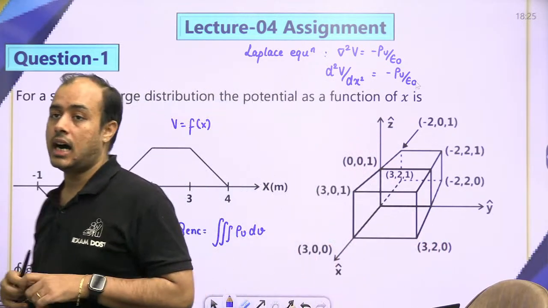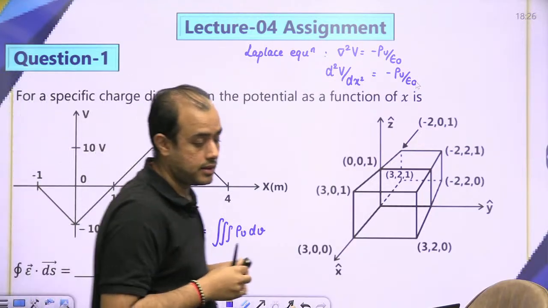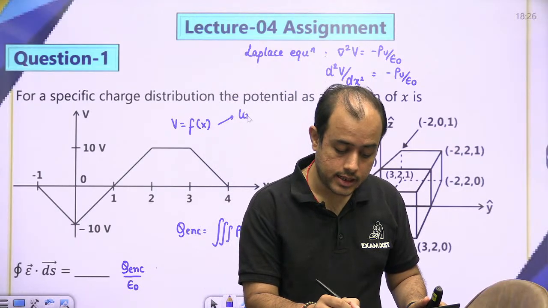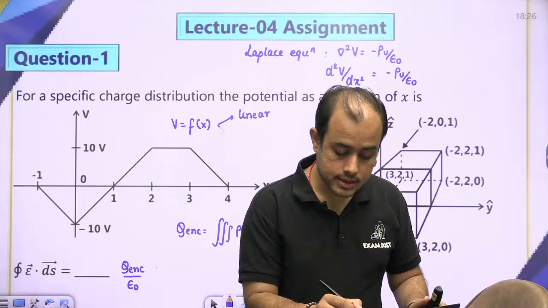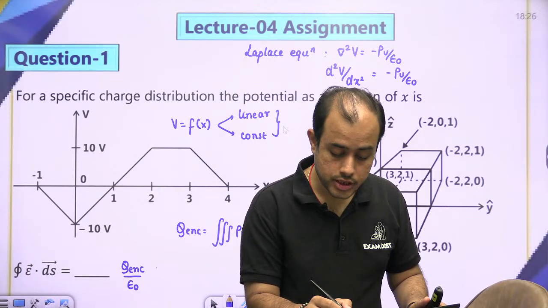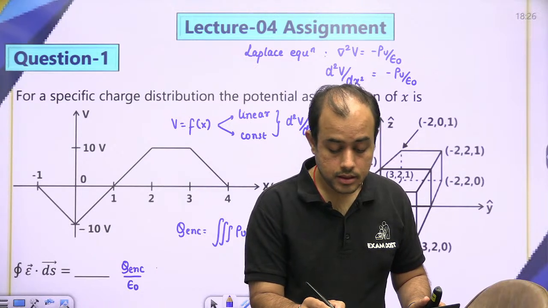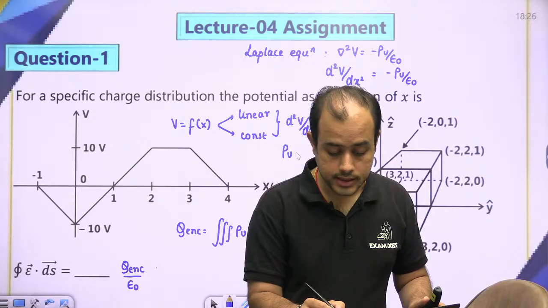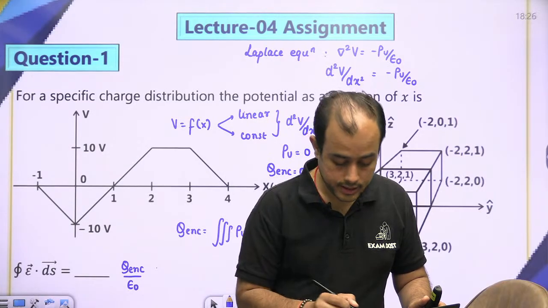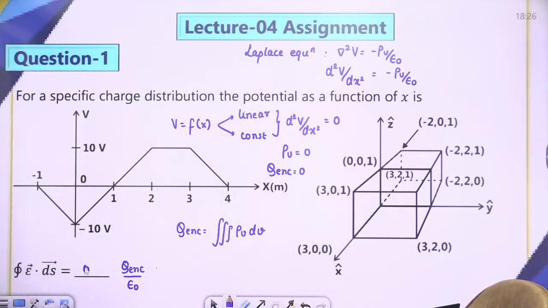Now if you see beta, potential is either linear or constant. In both situations, the double derivative will be 0. Okay, therefore rho v is 0. Therefore charge enclosed is 0. And therefore the answer will be, very good Raunak bhai, 0.